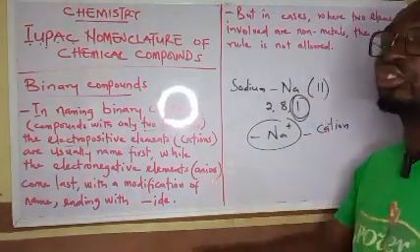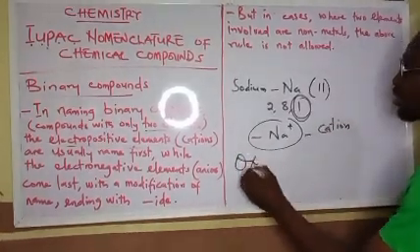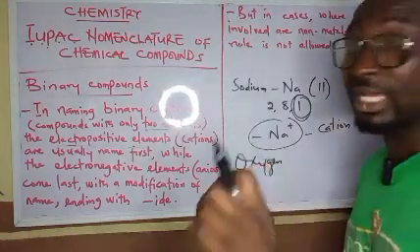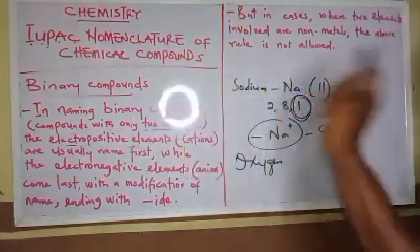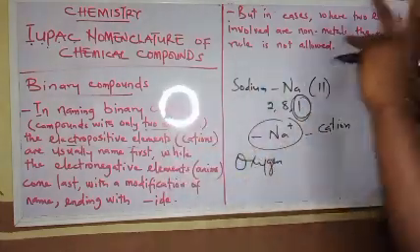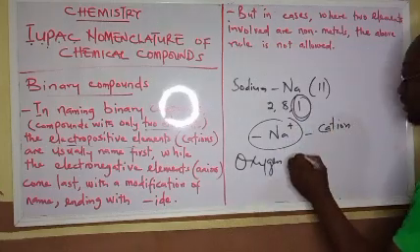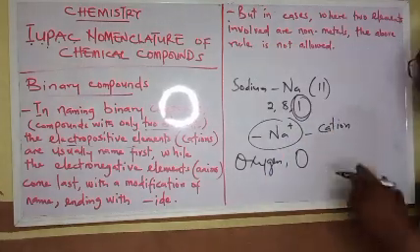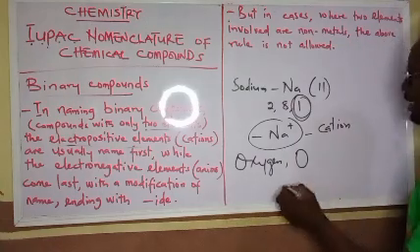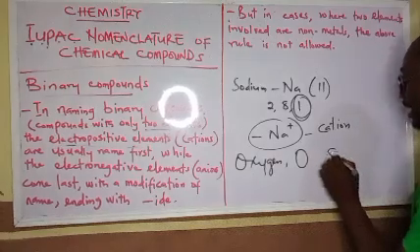Now we also have electronegative elements. An example of an electronegative element is oxygen. An electronegative element is an element which, when it ionizes, gains an electron and becomes negatively charged. The symbol of oxygen is O, and it has 8 electrons.